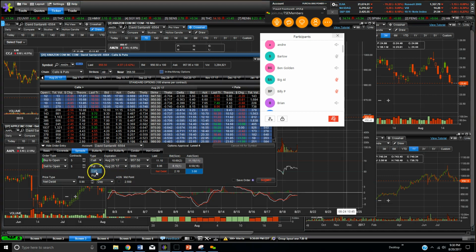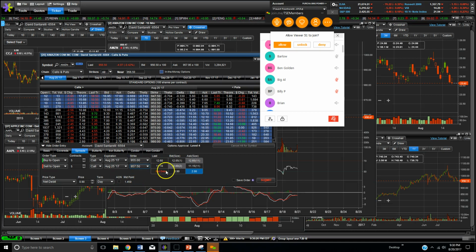And same thing with calls. If you do call, let's do an example here quick. If we did the 955, 957.50, again, we just need the stock to go up $1 to have max gains. This one's a little bit more. Maybe they're thinking that the stock's going to go higher, or maybe it's just the difference between the bid and the ask of these two.